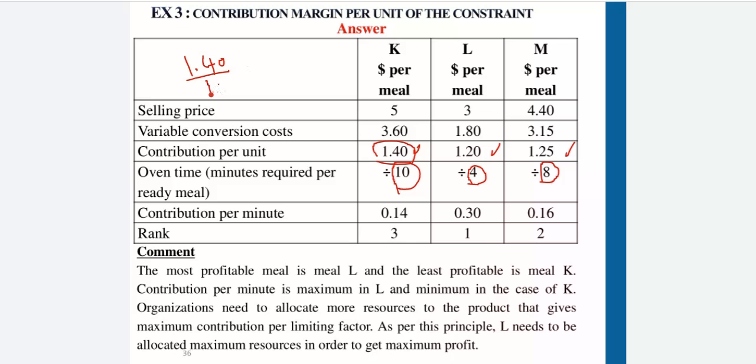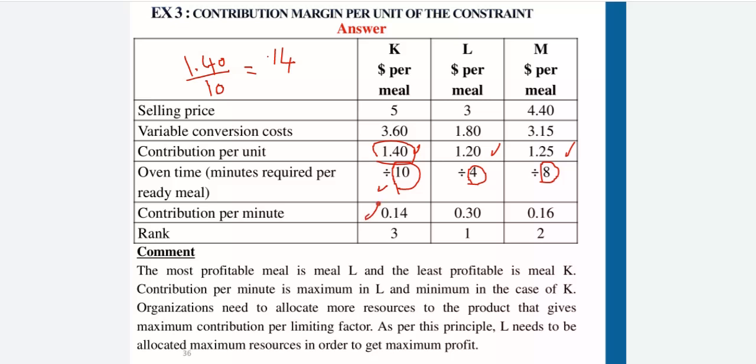So each minute profit is how much? 0.14. So I need to divide the profit by the number of minutes for one meal to give me the profit per minute.